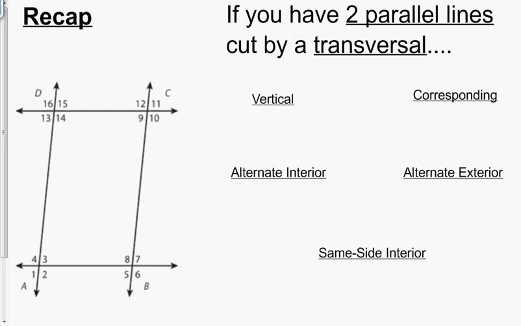Remember, vertical angles are angles like, let's just say, angle 9 and angle 11. They're in the same intersection, but they're across from each other. Those two angles are congruent. So vertical angles are always congruent. That's important to know.